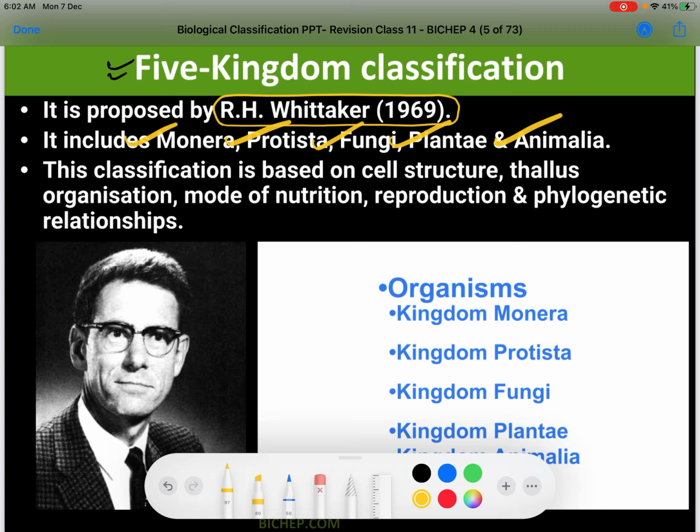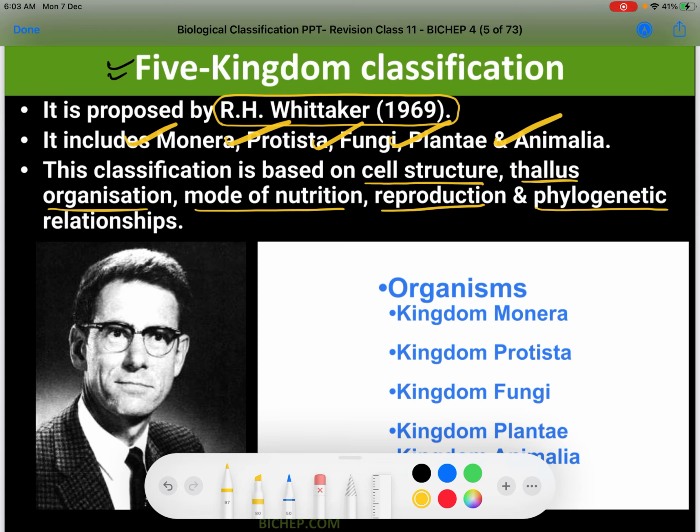Now he considered a few aspects to classify the organisms. It is based on number 1, cell structure, number 2, the thallus organization, that is body type, number 3, mode of nutrition, number 4, reproduction, and lastly phylogenetic relationship.